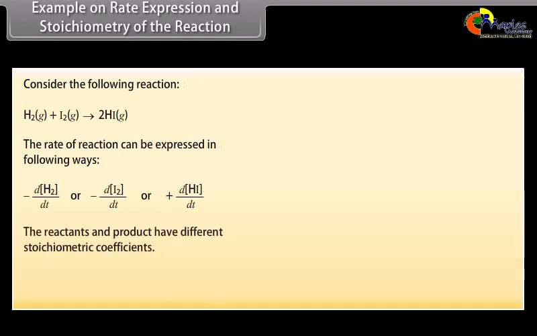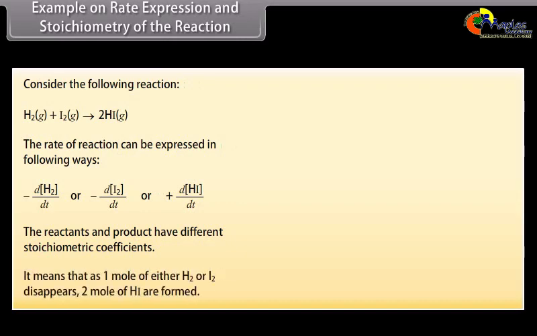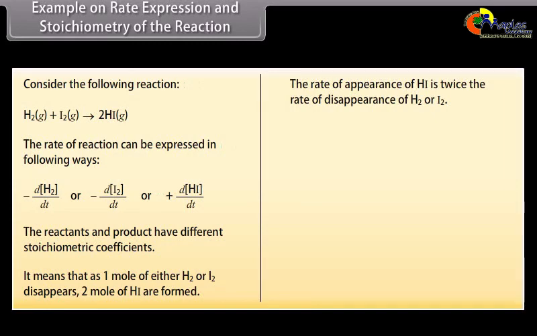The reactants and product have different stoichiometric coefficients. It means that as 1 mole of either H2 or I2 disappears, 2 moles of HI are formed. The rate of appearance of HI is twice the rate of disappearance of H2 or I2. Thus, minus d[H2]/dt is equal to plus 1/2 d[HI]/dt.